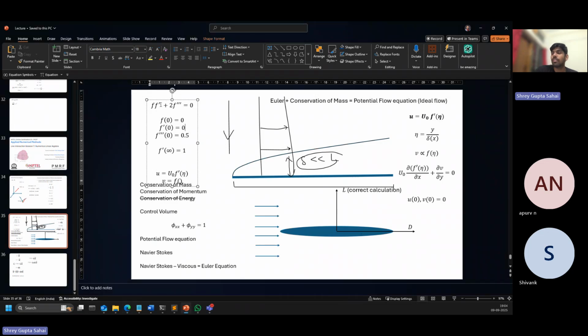Put these values in and find f double dash. Now that you have f double dash also, what do you do? Then we can use any method, right, sir? Tell me how you do it. I want to know which method you're comfortable with so that I can proceed in that direction.